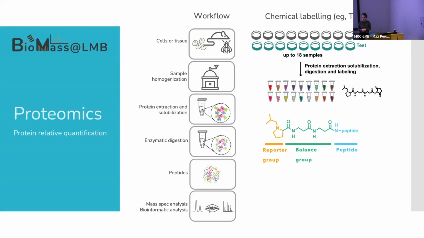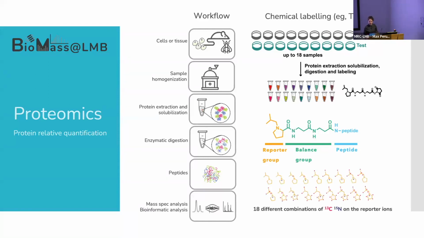Each of your samples is going to be labeled with a different isobaric molecule, and then you combine them. Well, if they're isobaric, what's the logic of that? Because that's what we measure. We measure mass. If they're all the same, how can this be informative? Actually, it is very informative, because when you fragment the peptides to get the sequence information, you also have these reporter ions that come off from the TMT labels.